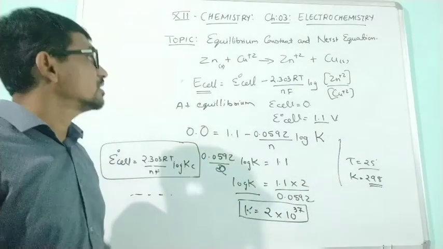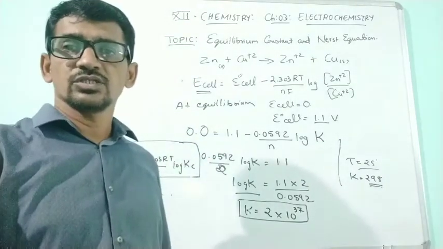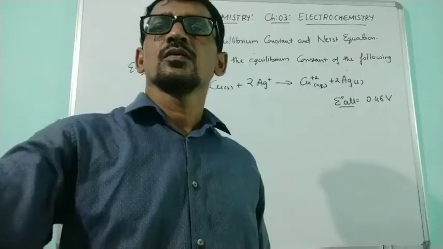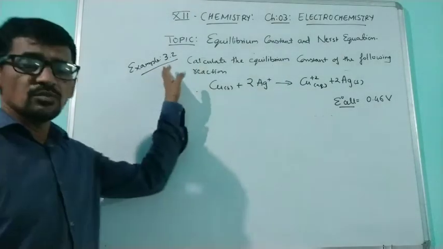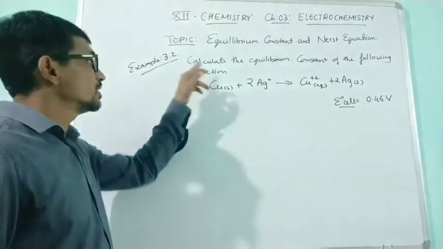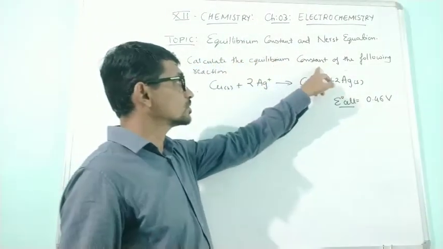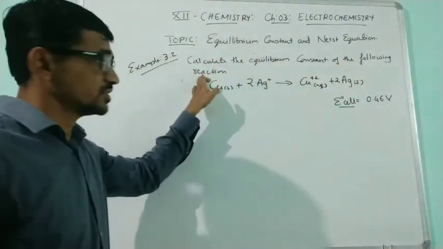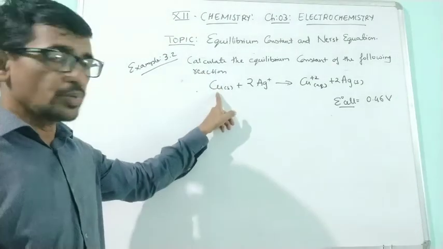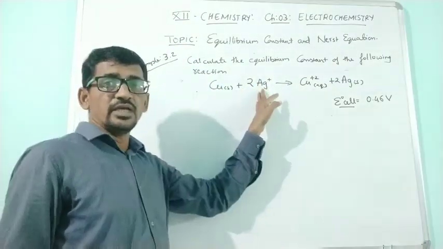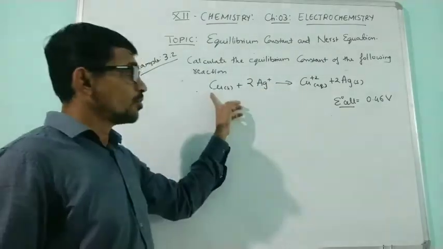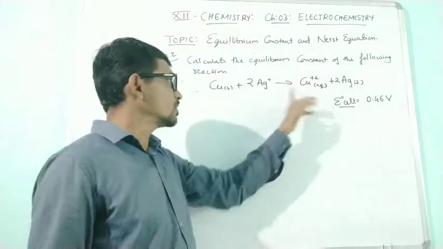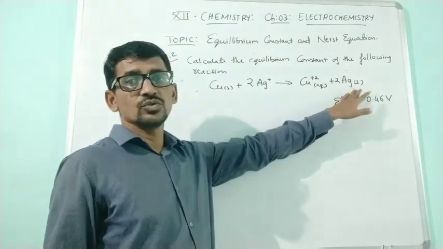Now we take one example related with the Nernst equation and cell potential. Okay. Example number 3.2. Calculate the equilibrium constant of the following reaction. The reaction is copper when it is treated with Ag plus. Then copper is oxidized to Cu2+ and Ag+ is reduced to Ag.